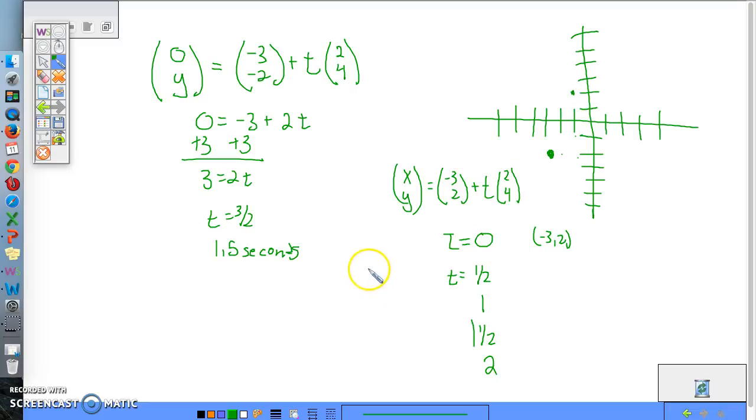So this is like saying x equals -3 plus 2 times 1, and y equals 2 plus 4 times 1. So we end up with the coordinate -1, 6. t equals 2 is also another easy one: x equals -3 plus 2 times 2, and y equals 2 plus 4 times 2. Excuse me, that's a -2 there.